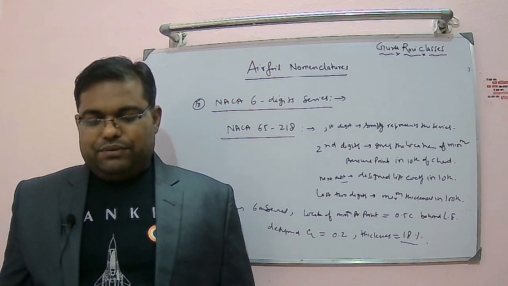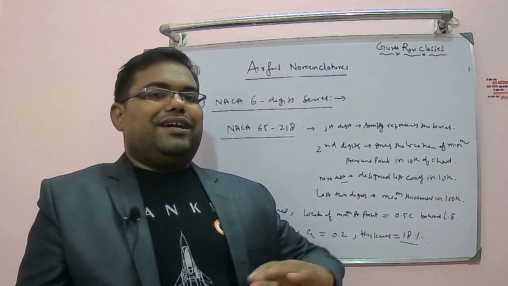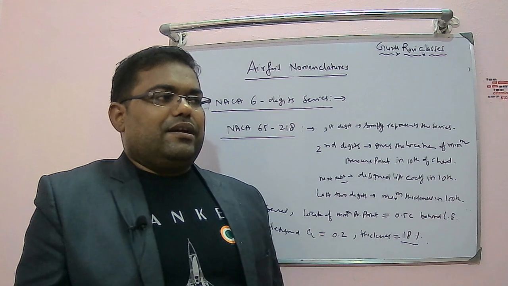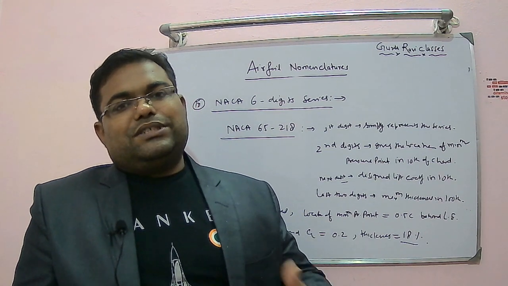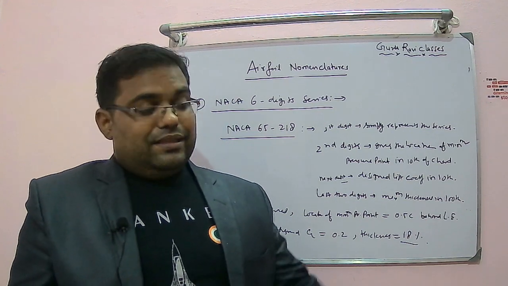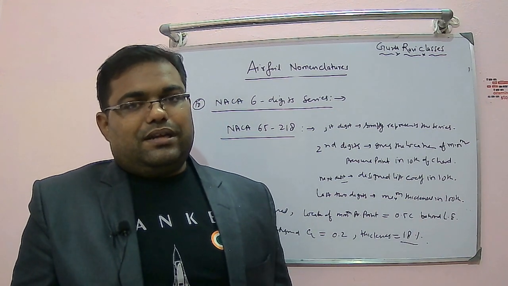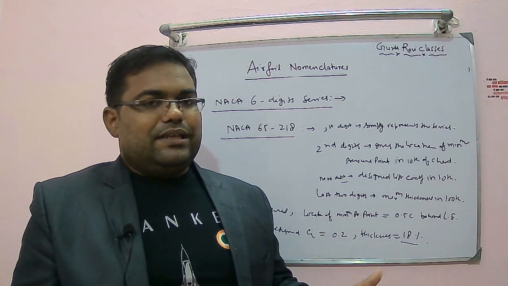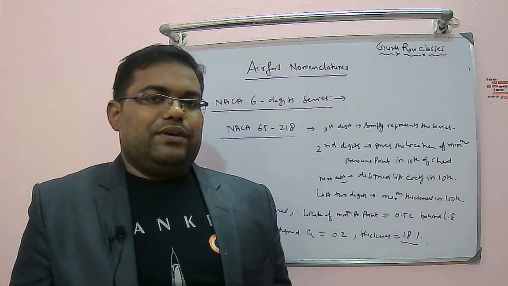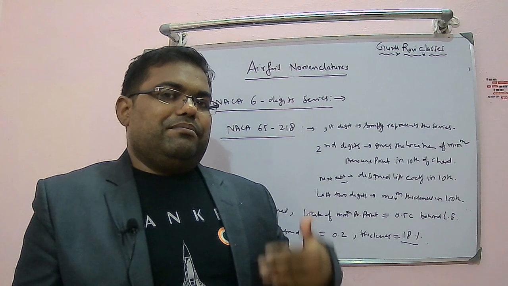But nowadays, all the big giant aircraft manufacturing companies like Boeing, Airbus, they are having their own special purpose designed airfoils, and those are being used on their own fleets. Like Boeing 717, 727, they are having their own special purpose airfoils. How did this become possible?